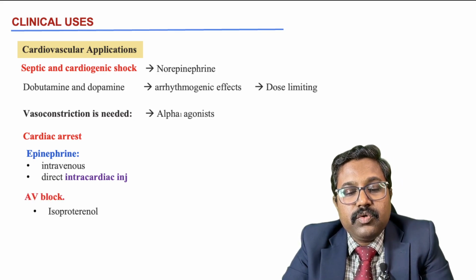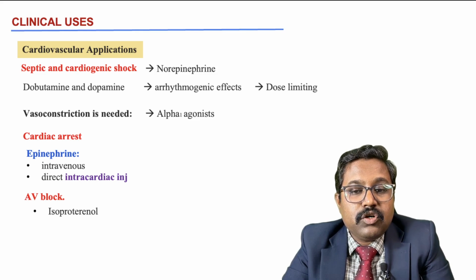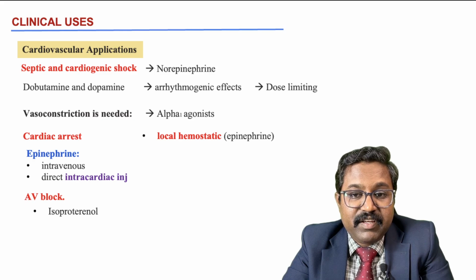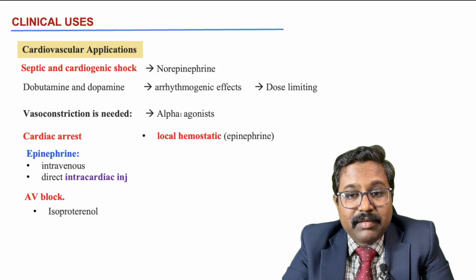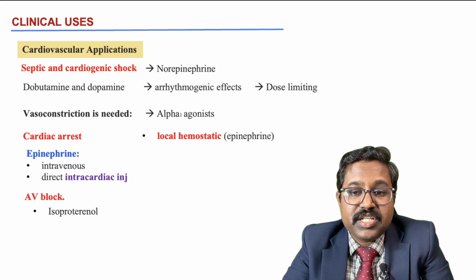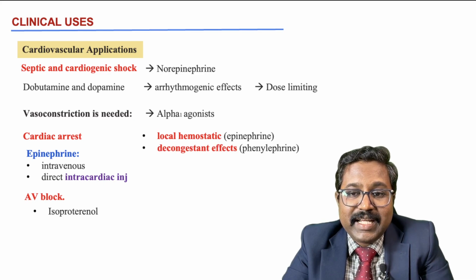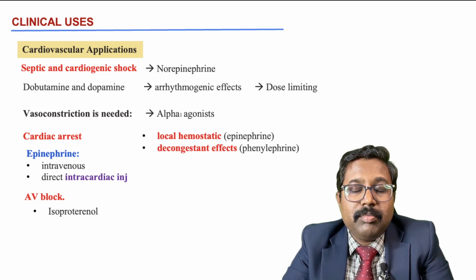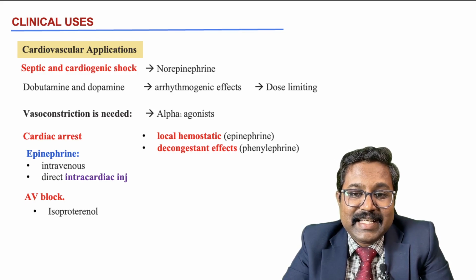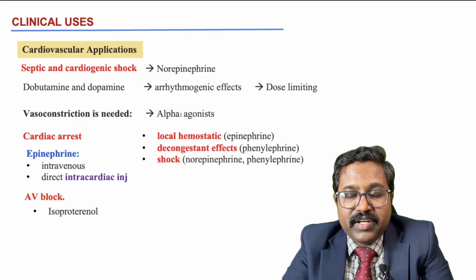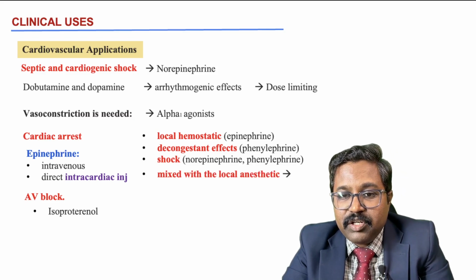You can use isoproterenol, which activates the beta 1 receptor, in case of AV block, and epinephrine can be used in other conditions, like for local hemostatic activity to prevent local bleeding such as epistaxis. Phenylephrine can be used as a nasal decongestant, and norepinephrine and phenylephrine can be used in treatment of shock.